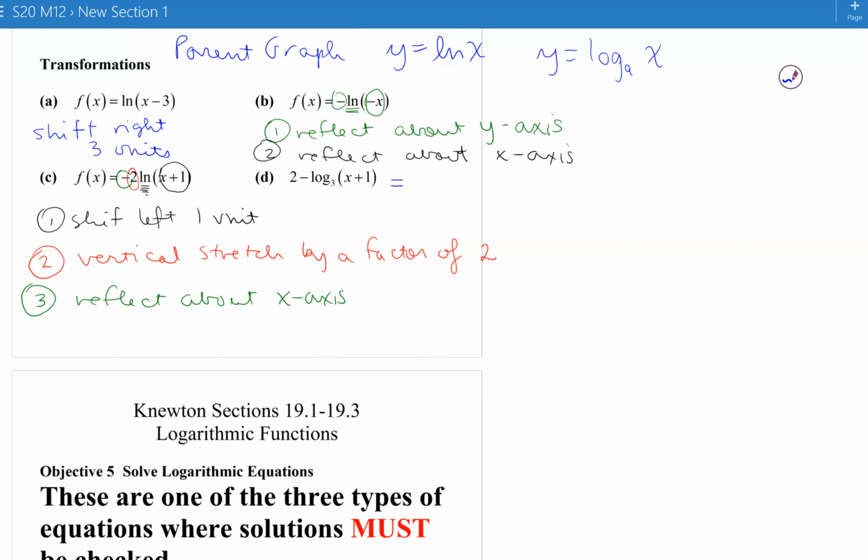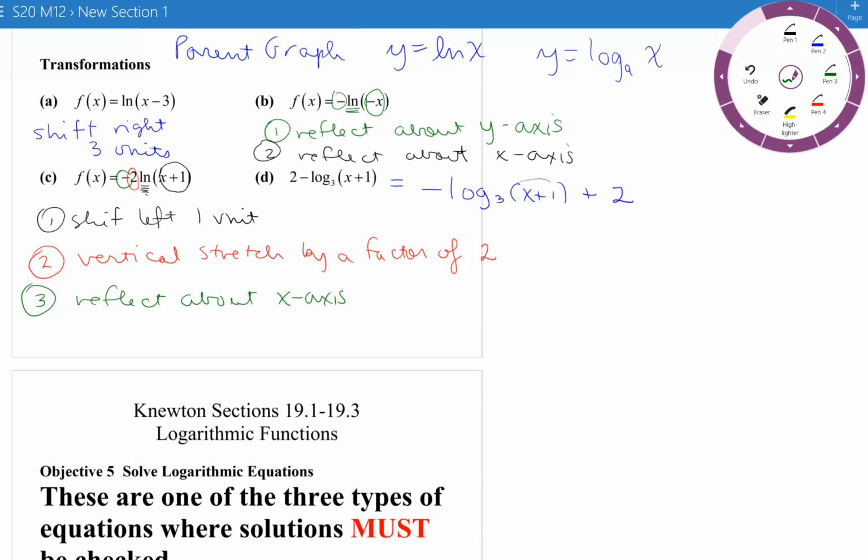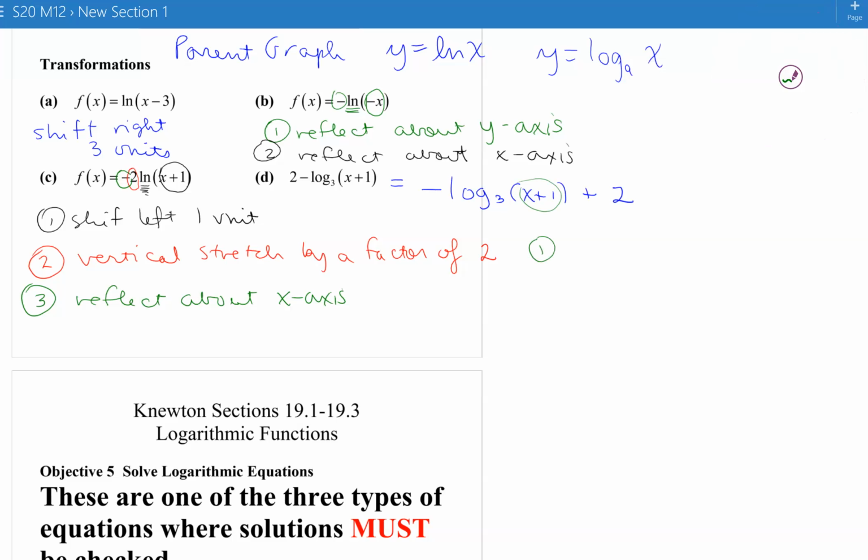it easier to analyze. So I'm going to have negative log base 3 of x plus 1. And we're going to put the plus 2 at the end so it's really clear that it's being added, even though you don't see a plus because it happens to be at the front. So we've already analyzed x plus 1, and so that causes a shift left 1 unit.